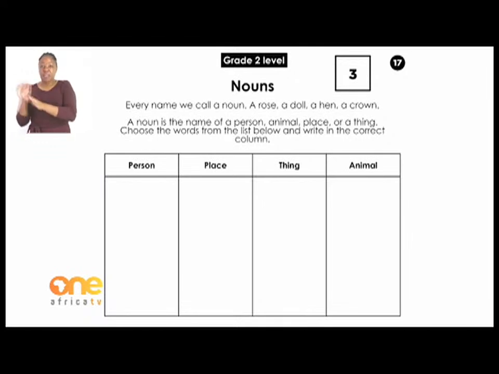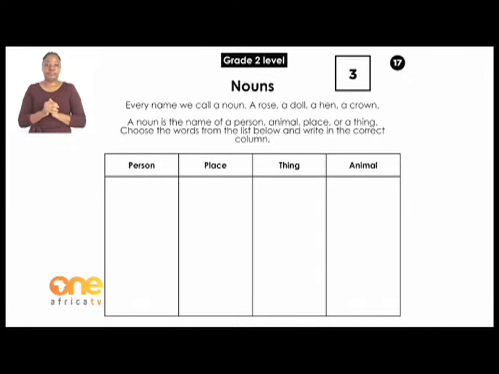But a mall is a place. So you are going to write mall under the column place. Now remember the rules of a noun, that it is a name of a person, animal, place, or a thing. And when you're filling in the rest, please make sure that you check and say, is it that thing?